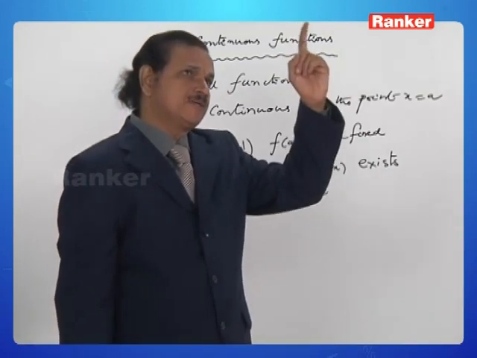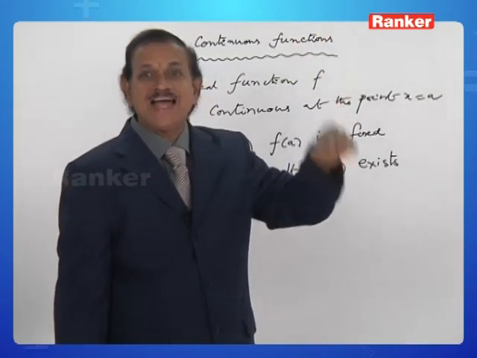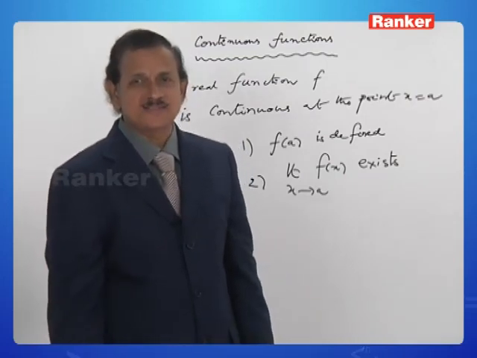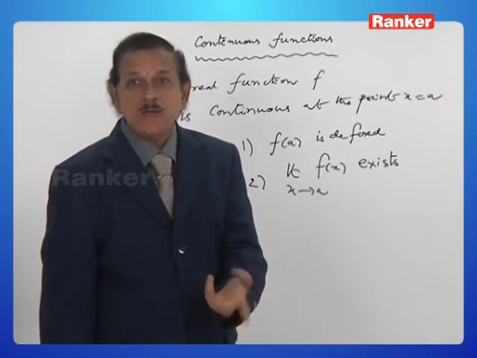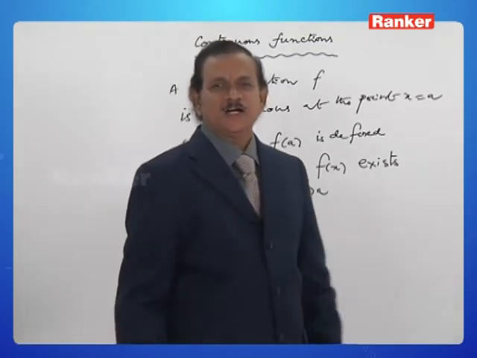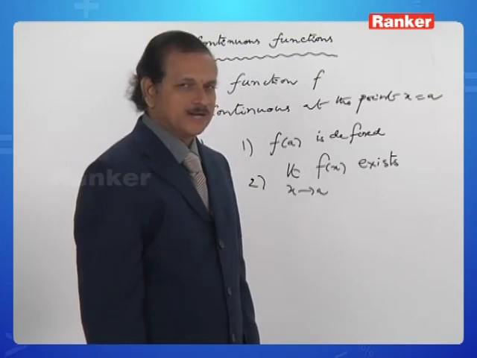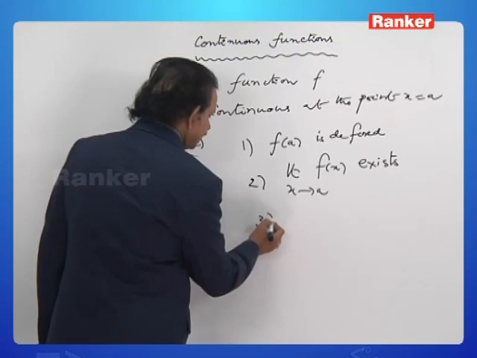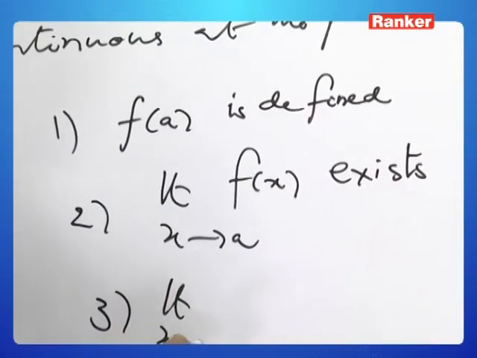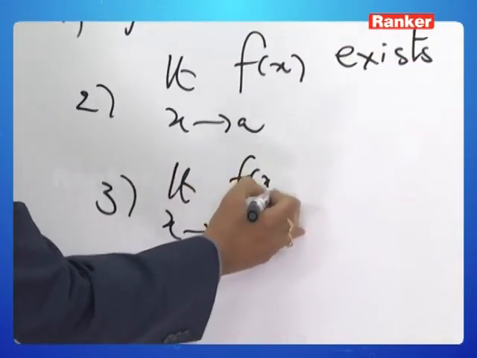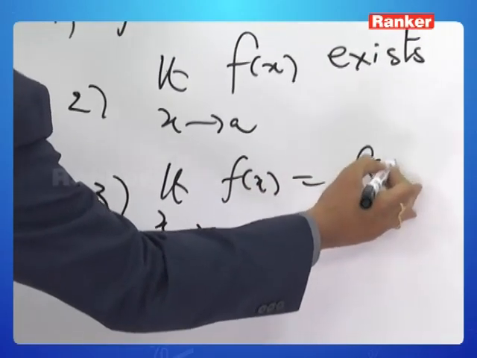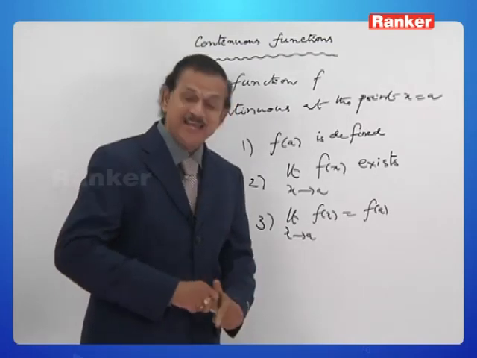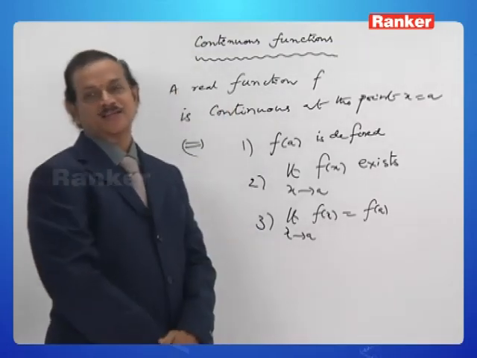In the definition of limit of a function, in the place of L, we could have had f of a. First of all, the limit must exist, and that limit must be f of a. How can you grasp that? By looking at the theoretical definition of continuity. That is, of course, the third condition. Limit as x tends to a of f of x is equal to f of a. If these three conditions are satisfied, then we say that f is continuous at x equal to a.